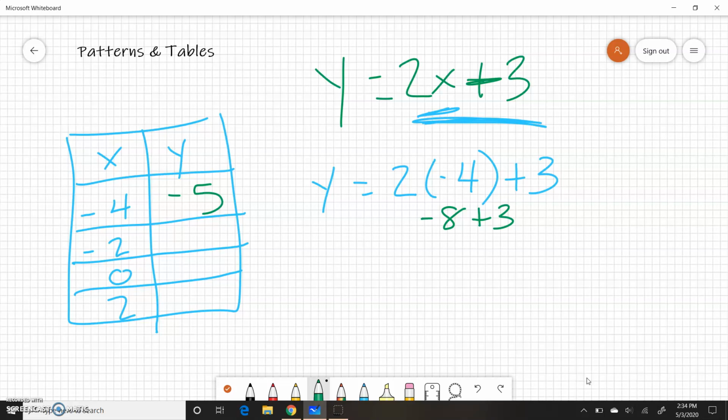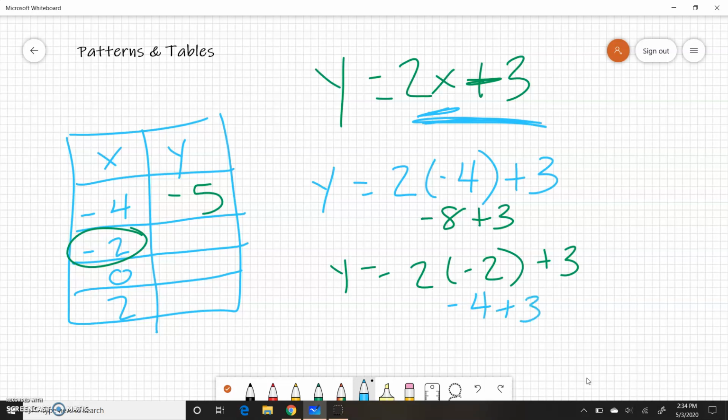Okay, next one. Y equals, now I'm using this negative 2 for my chart. 2 times negative 2 plus 3, okay? 2 times negative 2 gives me negative 4 plus 3. That's going to give me a negative 1. Then I have y equals 2 times 0 plus 3, because 0 is in my chart right there.